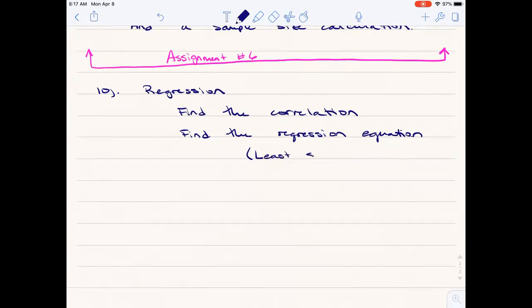Least squares regression line is the technical term. Least squares regression line. And that's more as a note for the practice finals, if you're looking at those and you see LSRL, least squares regression line.